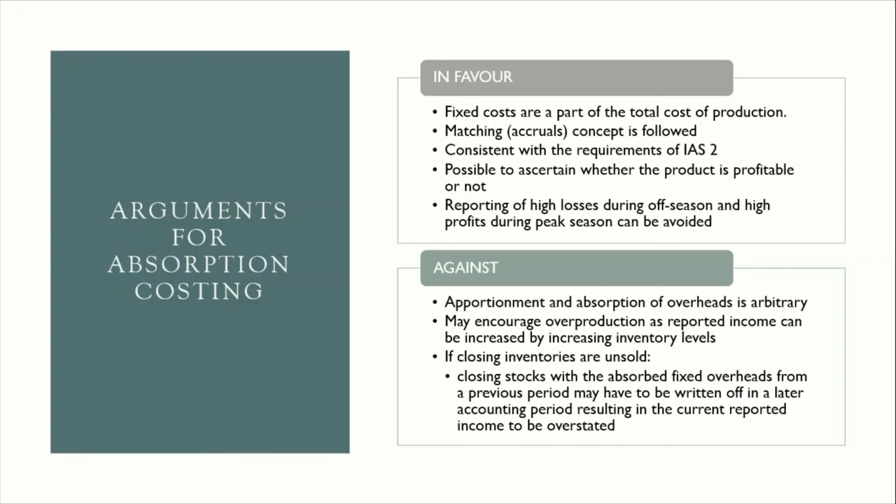The third and last argument is that when the inventory is unsold, the closing stock with the absorbed fixed overhead from previous period may have to be written off in later accounting, resulting in the current reporting income to be overstated. Because they absorb the predetermined overhead, they might have to write it off later on. So the income will be overstated.